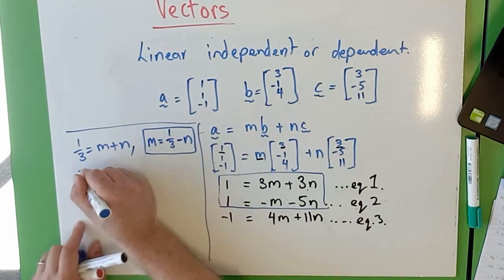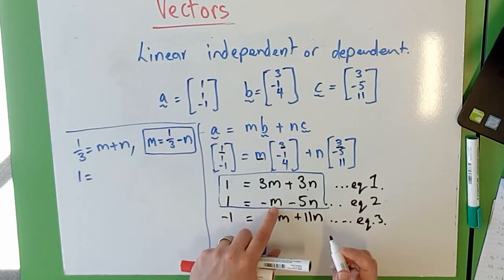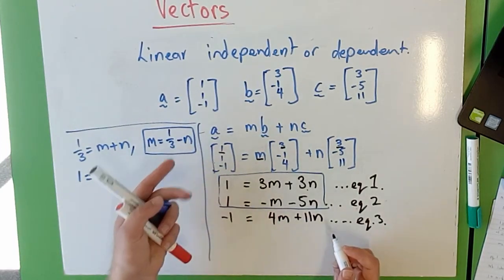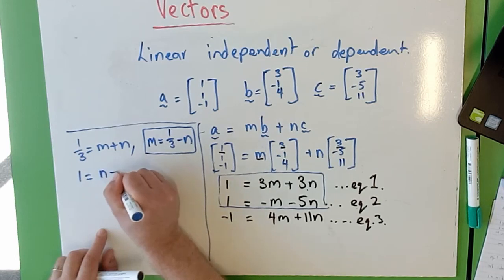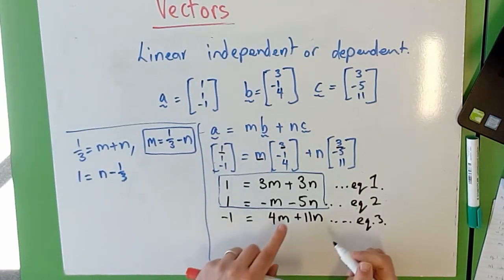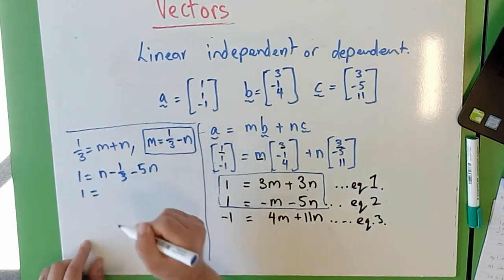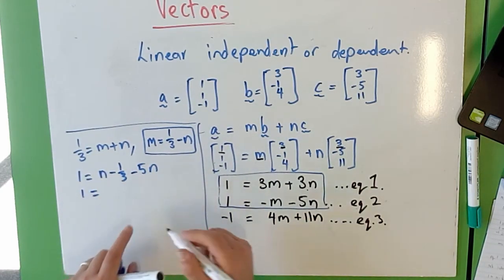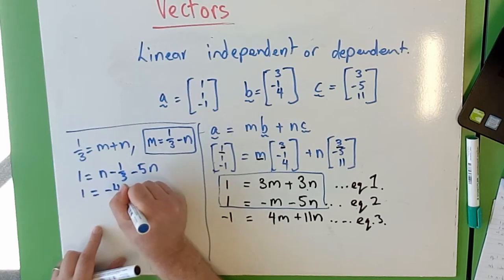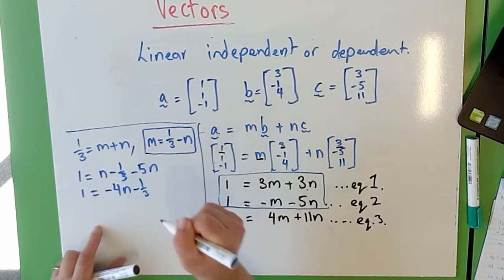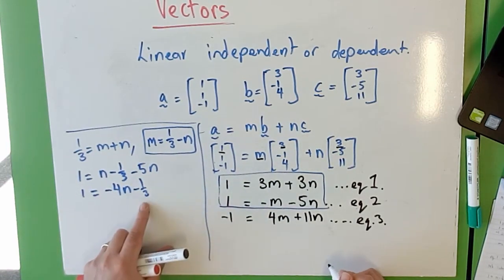So now I've got 1 equals negative M, which flips around to N minus 1/3, minus 5N. So then I get 1 equals N minus 5N minus 1/3, which is negative 4N minus 1/3. Now I can solve for N here.